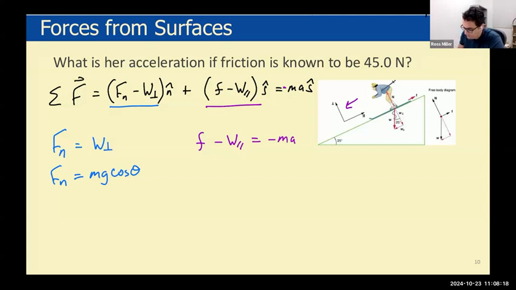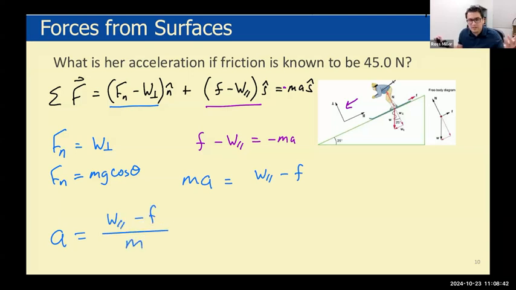I'm assuming they're speeding up, but I think you're told that in the question. So my goal is still acceleration. So ma equals weight minus the friction part. Okay, so I have this equation. What do I need to know? I need to know something about friction.